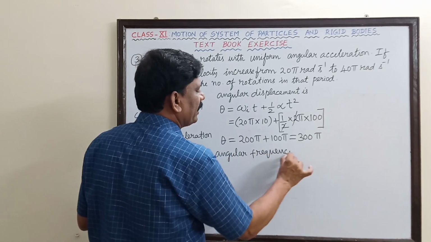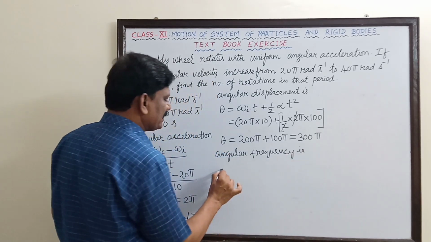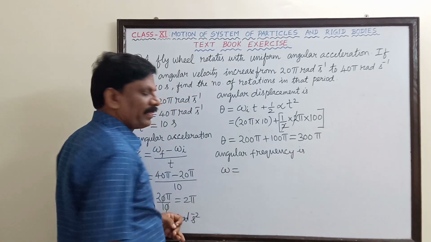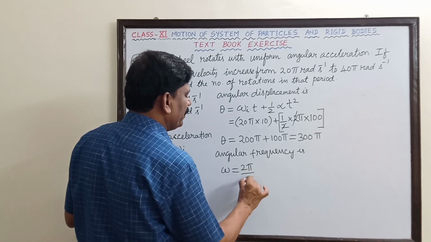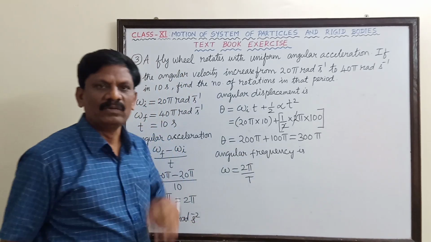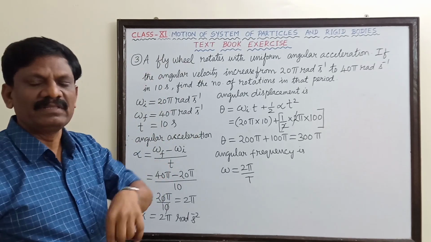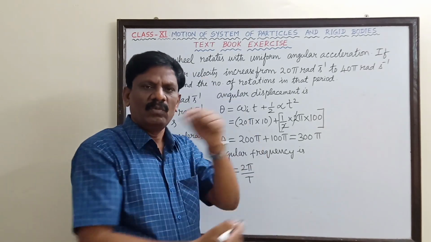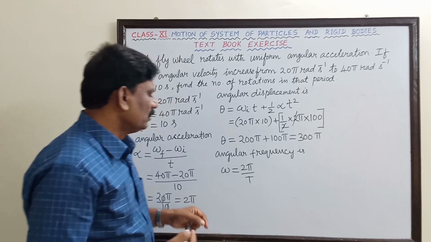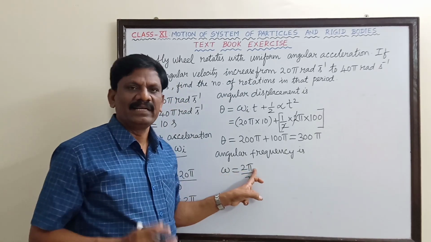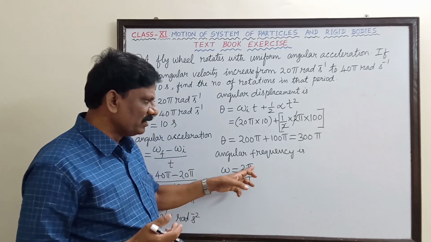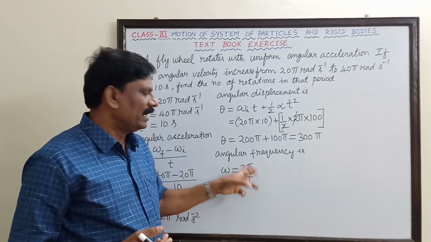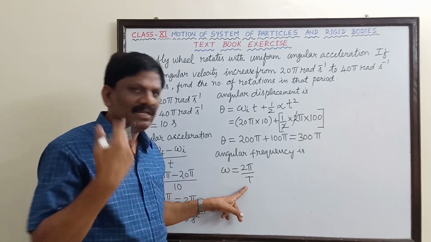Now the angular velocity is also called angular frequency. So omega is equal to 2 pi divided by period. In one full circular path, when the flywheel is completing one revolution, all the particles in that flywheel must have made an angular displacement of 2 pi radian, in a time equal to the period of revolution.